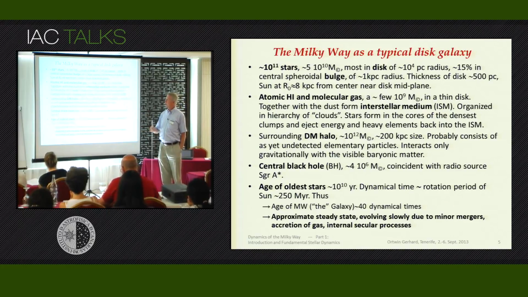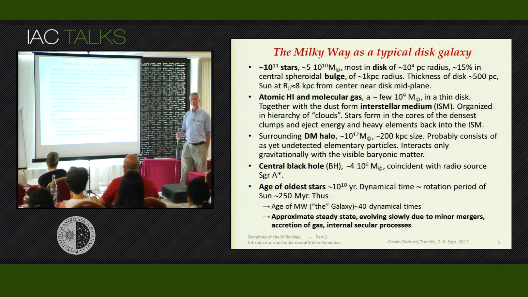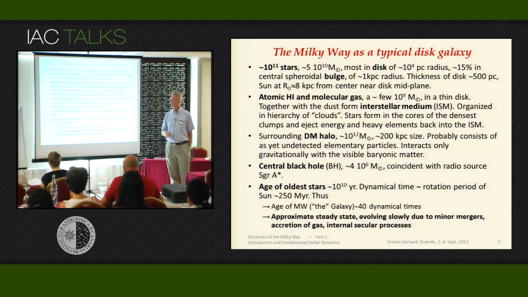So the two gas phases, together with also ionized gas and dust and some cosmic rays, form what's called the interstellar medium, which tends to be organized in a rather non-uniform way. It's sometimes described as clouds, molecular clouds, H1 clouds.